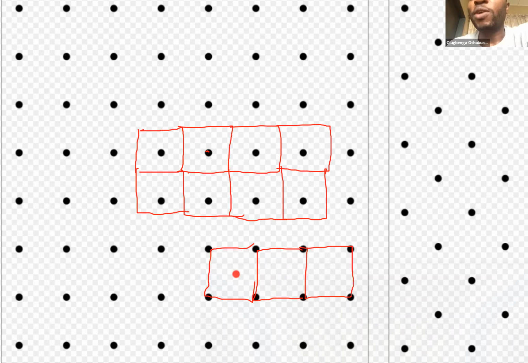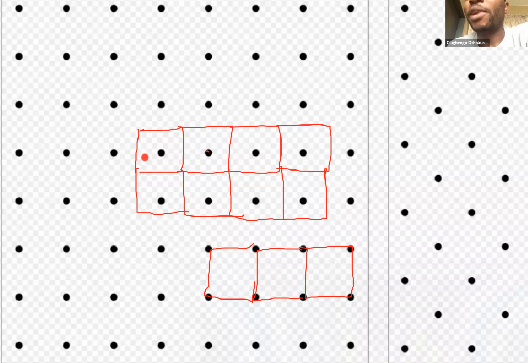So since the distance from this point to this point is what we call the lattice constant A, then this corner to this corner should also give us A. But within this cell, one thing you will notice is that it is containing one lattice point.